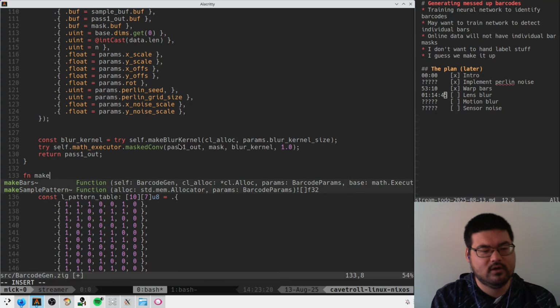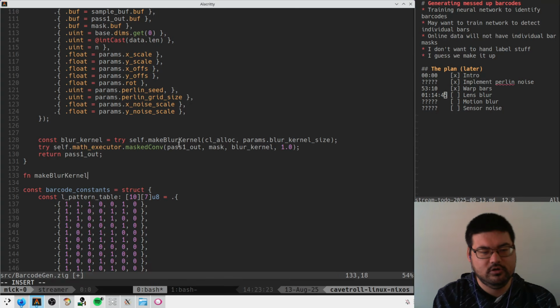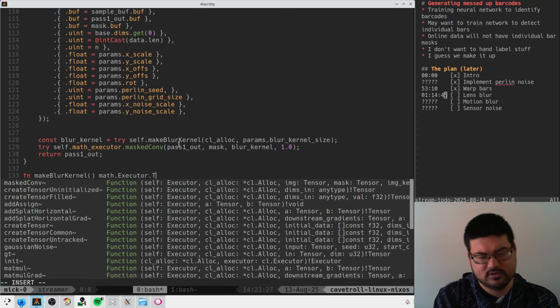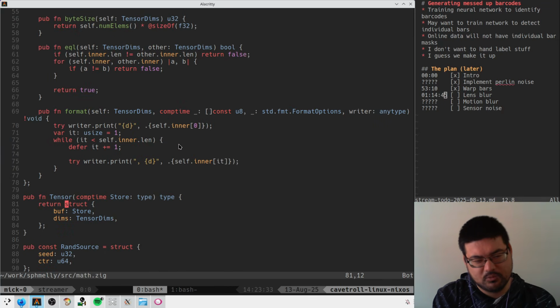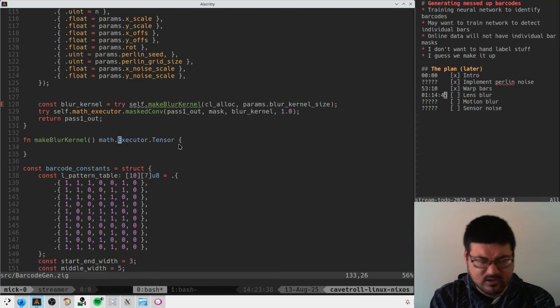Okay, make blur kernel. Returns a math tensor. I don't really like this, by the way. We have a tensor type that has any backing store because it's used in back propagation graph tracking as well, right?